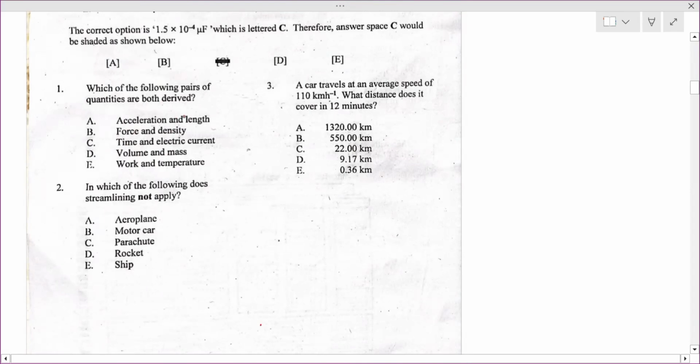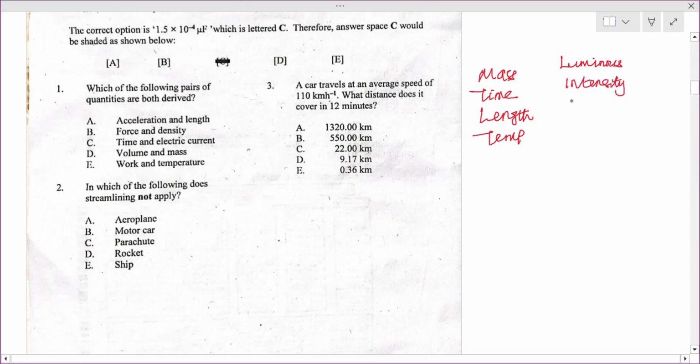In order for you to answer this question, you have to know your basic fundamental physical quantities. We have mass, time, length, temperature, luminous intensity, amount of substance, and electric current.